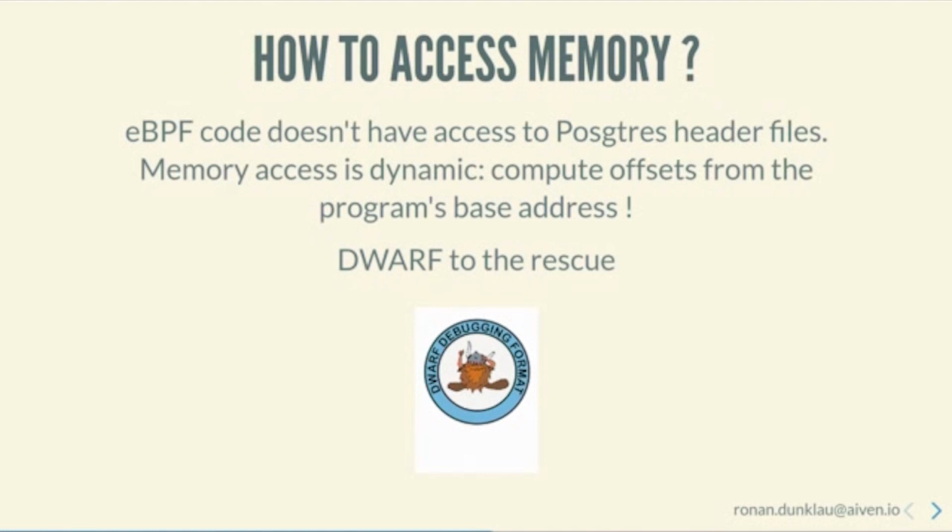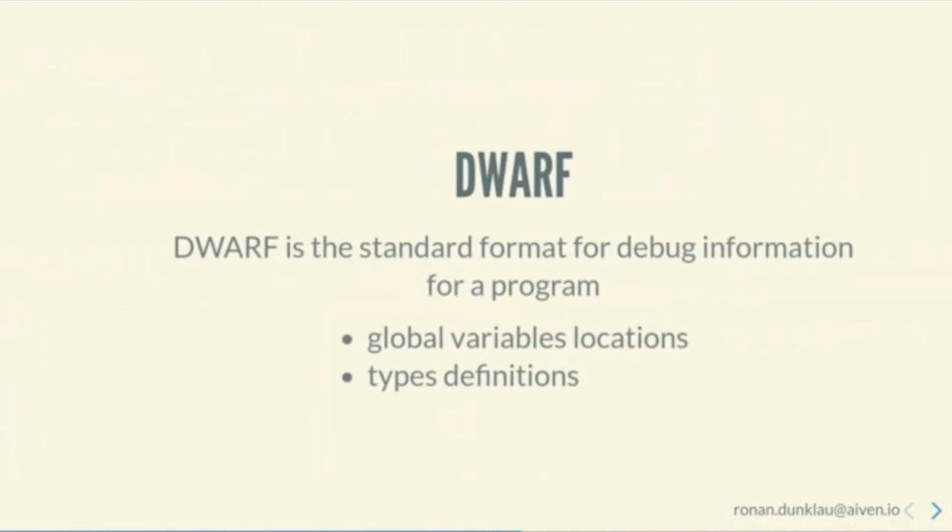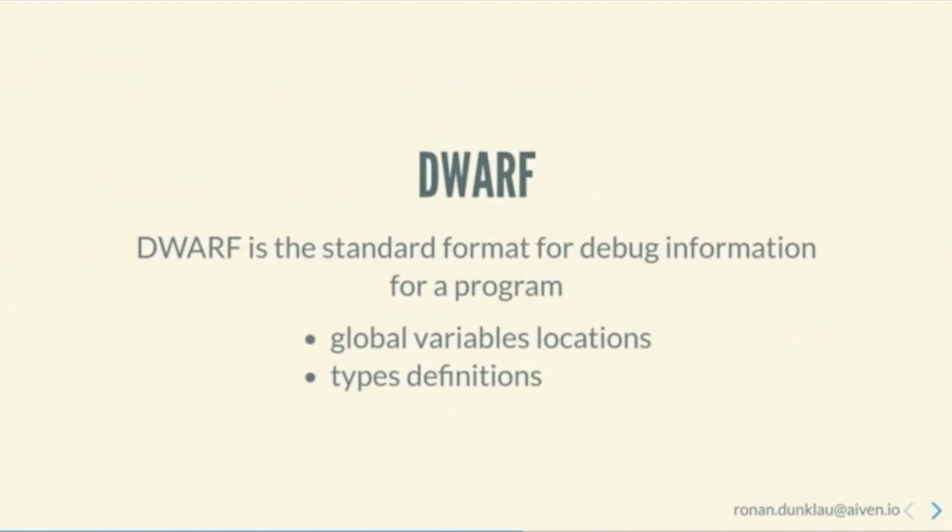So what we do instead in PGTracer is that we use the dynamic access to memory. Basically, from the debug information, we compute memory offsets from the base address of the program, and then we can access whatever we want. For this, we use DWARF, which is the standard debugging format. Chances are you've already used DWARF without knowing.